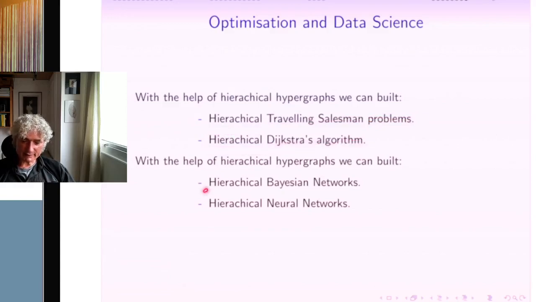You can define hierarchical Bayesian networks. And you can also define hierarchical neural networks. Maybe hierarchical neural networks, we will come to that at the very end of the lecture, would be a better representation of the brain, for example, when compared to normal neural networks.